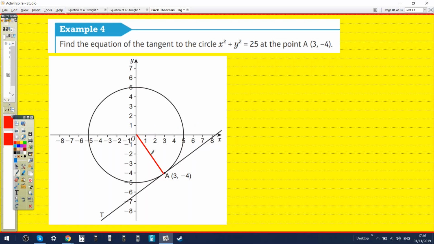And so, what would be the equation? If you could get the equation of the red line, then you could get the equation of the black line, the tangent. Okay. So do we need to find points on the red line? Yep. How do we do that?